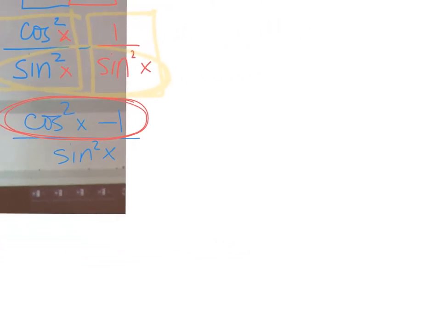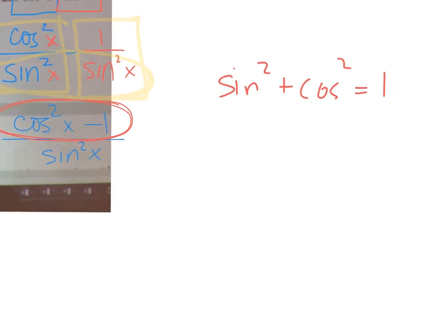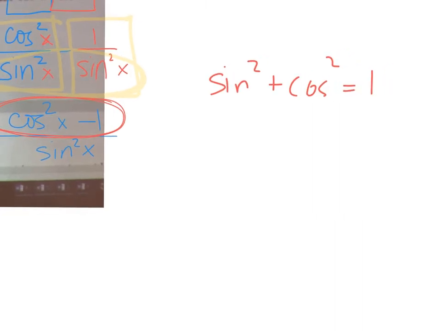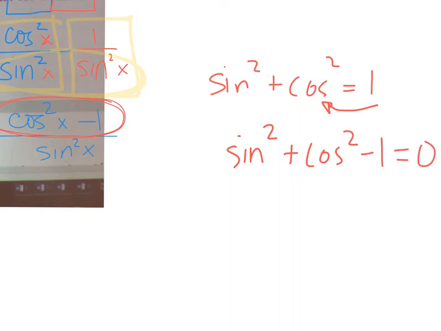So let's see. We know that sine squared plus cosine squared equals 1. True. Okay, so if I bring the 1 over to this side, sine squared plus cosine squared minus 1 therefore equals 0. Okay, so this looks very promising here, right?